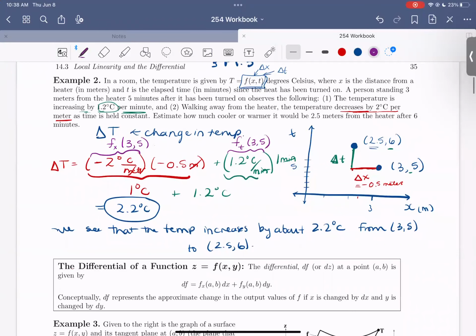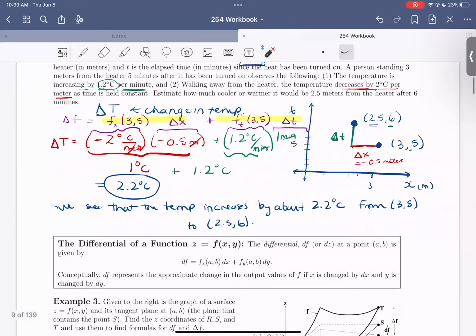Then what we've multiplied by is the change of x and the change of time. Doing this computation and adding them together gives us the total change of the function from the point where we started to the point where we get the change of x and change of time. So what we just computed is a differential.